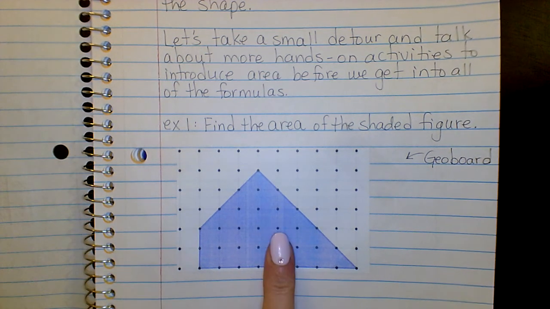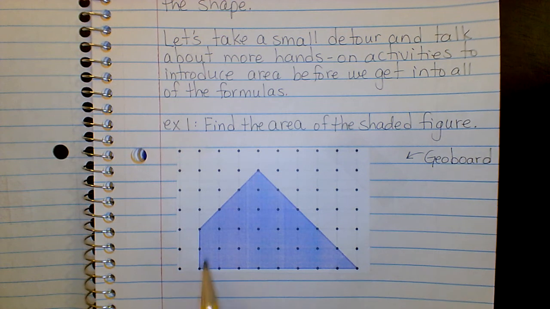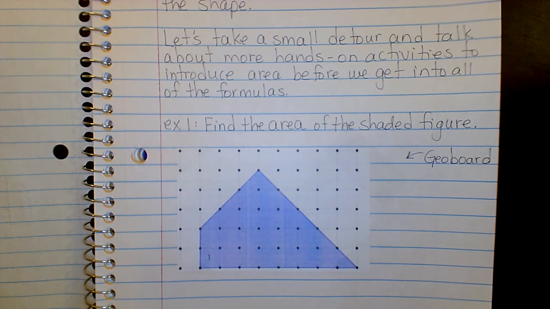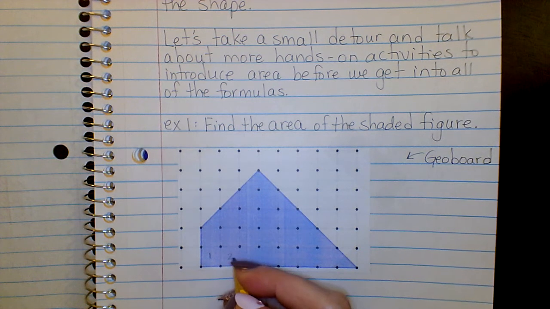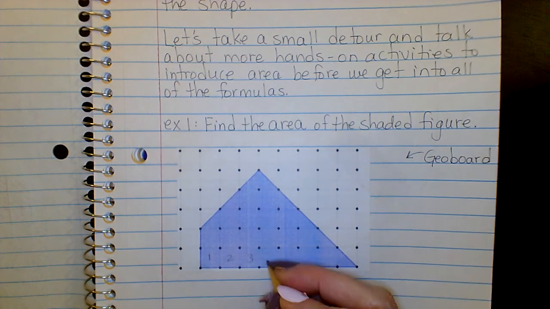So if you were to find the area of this figure, you would want to count the number of squares, right? So see right here, we have that square. There's a square. There's 1.